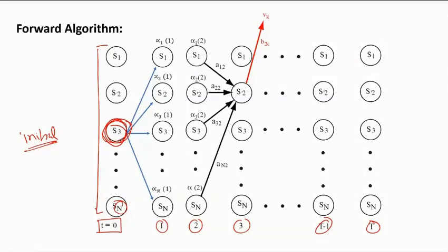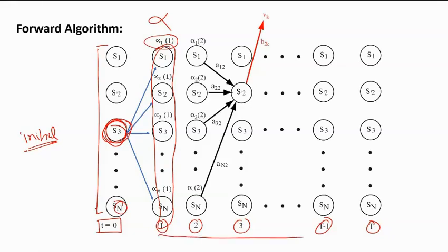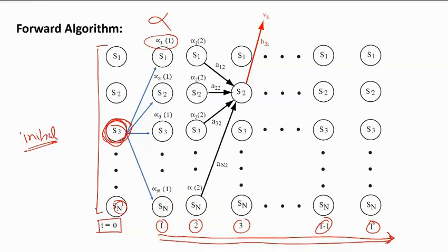Now we are going to calculate a term called alpha for each of these states for each time step. As I progress in the forward direction, for each time step we calculate alpha. So alpha 1 here is for state number 1, time step number 1.